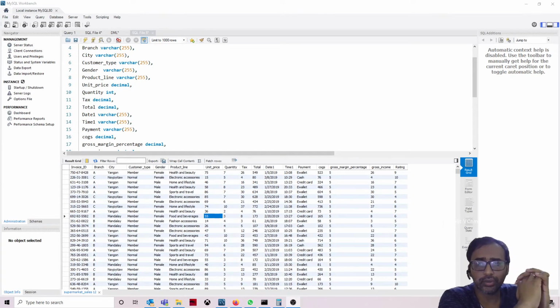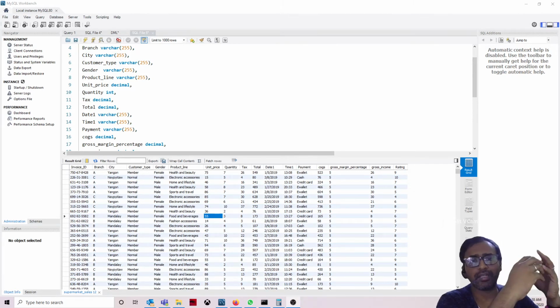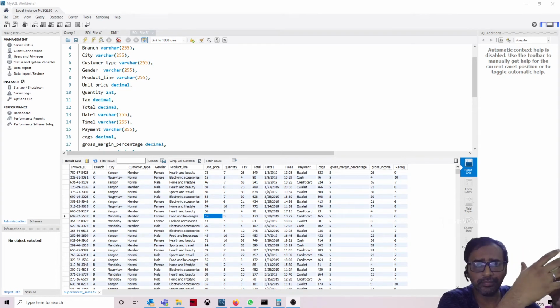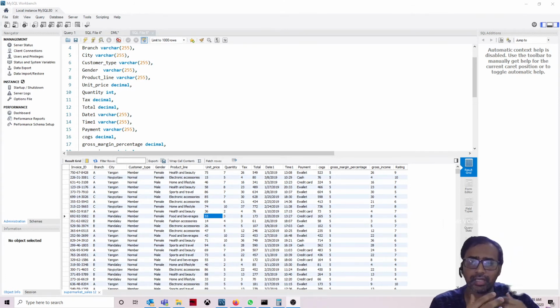Which city is doing good, and which product lines like health and beauty or electronic accessories are moving fast? And when you talk about gender, what are the females more interested in, right? Whether they're interested in health and beauty or electronic accessories, and similarly how about males? And what are the frequent modes of payment, whether customers are interested to pay more by e-wallet, cash, or credit card.